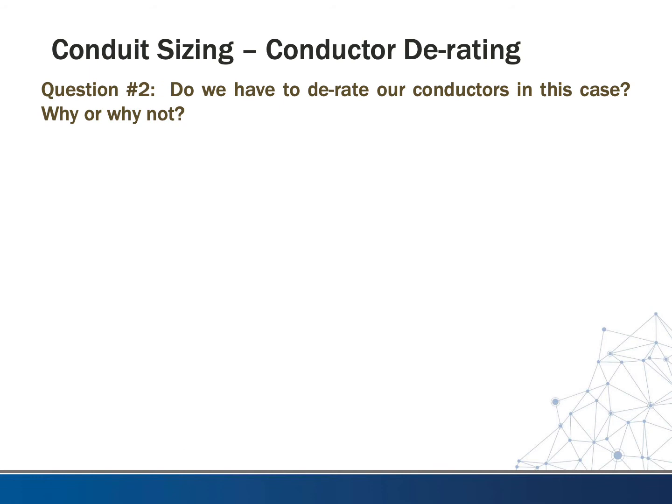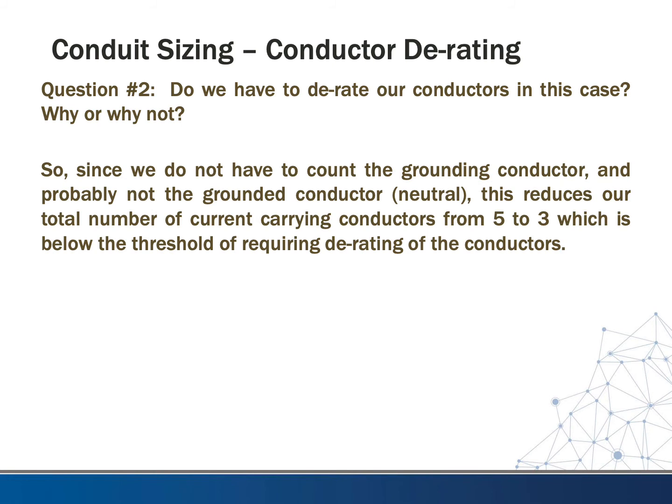So now to the second question, do we have to derate our conductors in this case? Why or why not? Well, since we do not have to count the grounding conductor and probably not the grounded or neutral conductor, this reduces our total number of current carrying conductors from 5 to 3, which is below the threshold of requiring derating of the conductors.